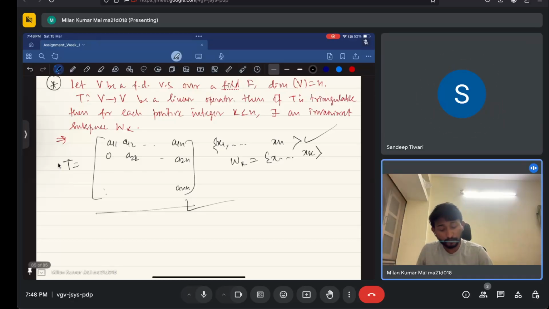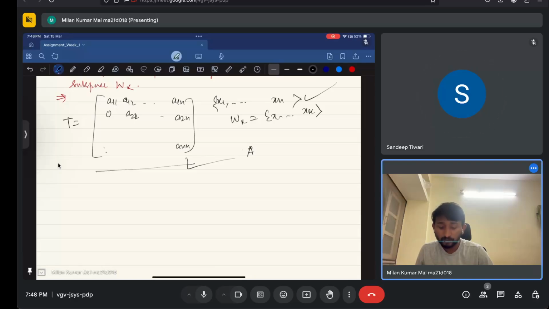Suppose the matrix representation of T is A. Let's take any ordered basis of the vector space V, and the matrix representation of T is B. If B is triangulable, that means there exists an invertible matrix P such that PBP inverse is equal to a triangular matrix A. That is possible.